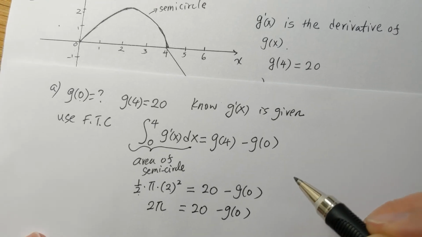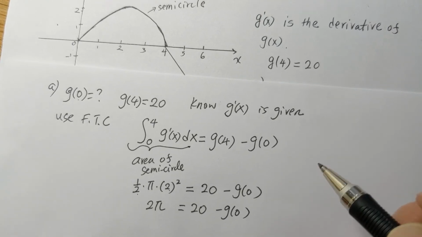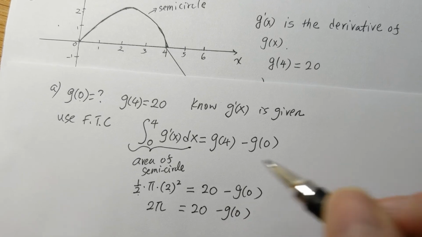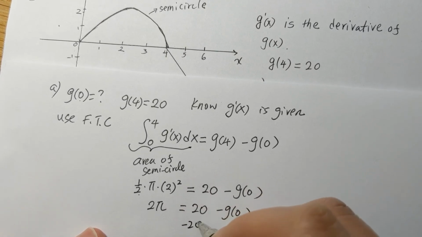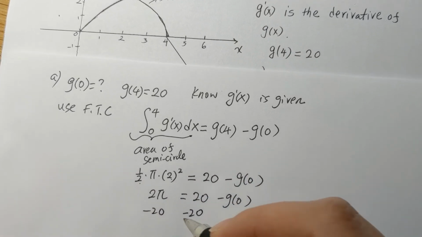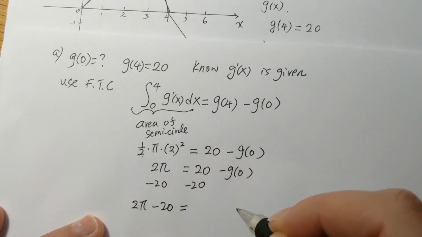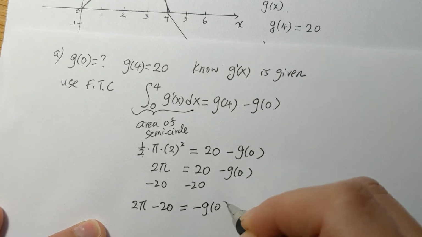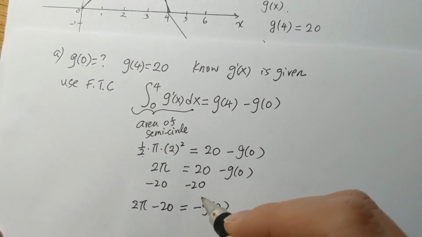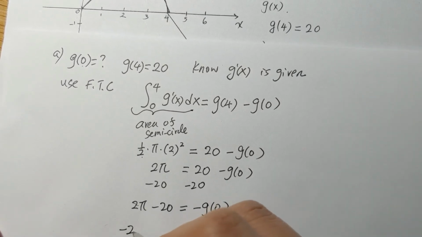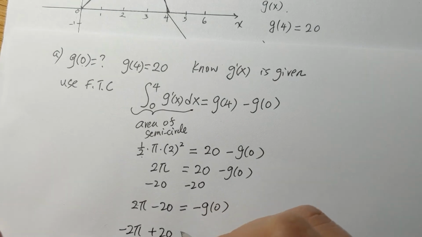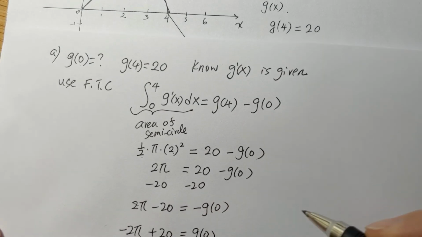At this moment, I believe everyone already knows what to do. We're going to solve for g of 0. Minus 20 both sides, so we got 2 pi minus 20 equals negative g of 0. Divide by negative 1 both sides. So we get negative 2 pi plus 20 equals g of 0.